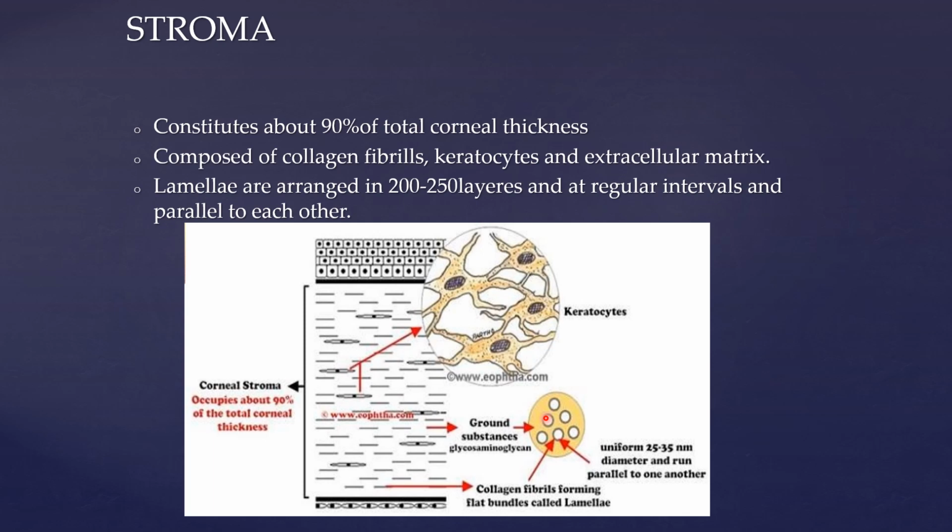The water content of the cornea is 70% of its total weight as compared to the tear film and the aqueous. Both the tear film and the aqueous have almost 100% water content. This factor is also important to keep the cornea transparent because the relatively less water content keeps the layers of the cornea intact.